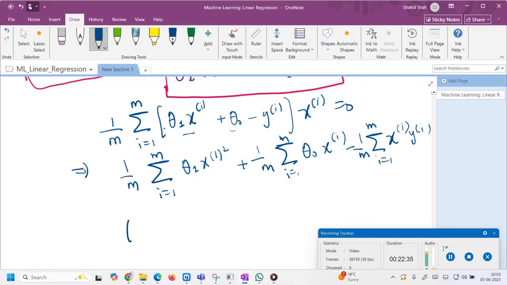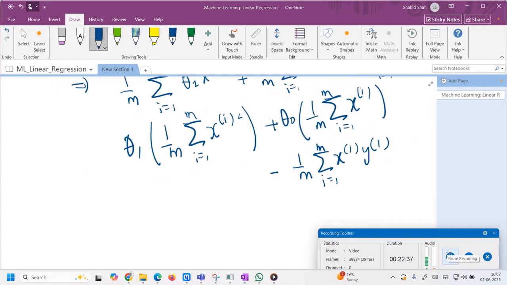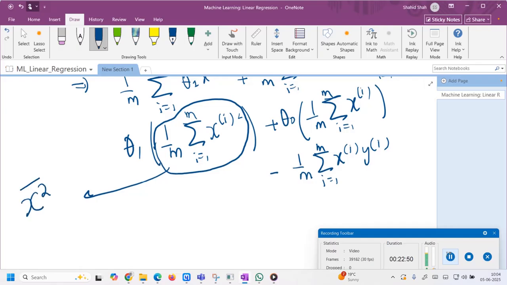Now the first term I can write like this, theta 1 times the sample mean of xi square, following the same notation. Let's represent this by x square bar. And this is the usual sample mean x bar. This is the sample mean of x and y multiplied, so I will call it xy bar.